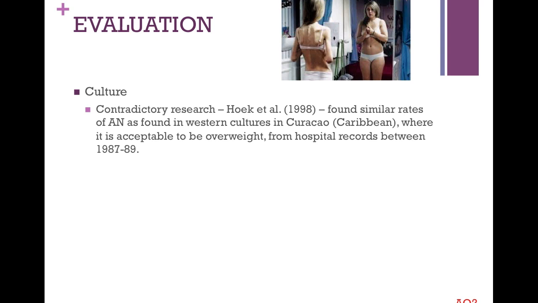The way they investigated that was to look at hospital records between 1987 and 1989, at all the admittances to hospital, and at whether there was a similar level of anorexia in that society as you would find in other Western societies, because if the theory says that it's a Western problem but we find this in other areas at the same levels, that would go against it.